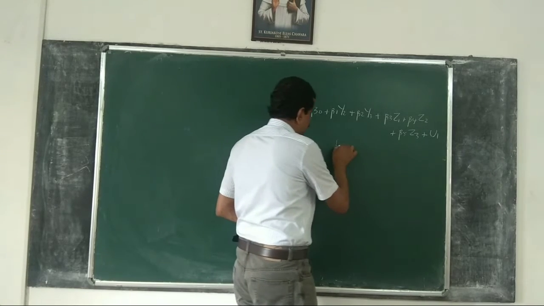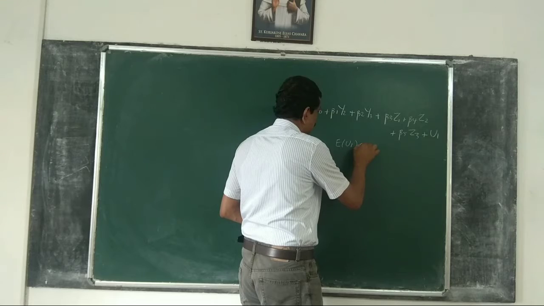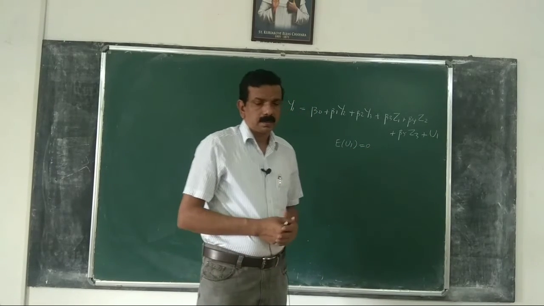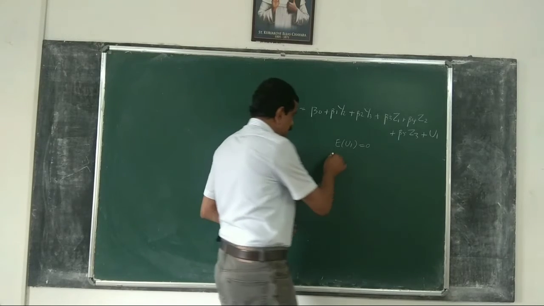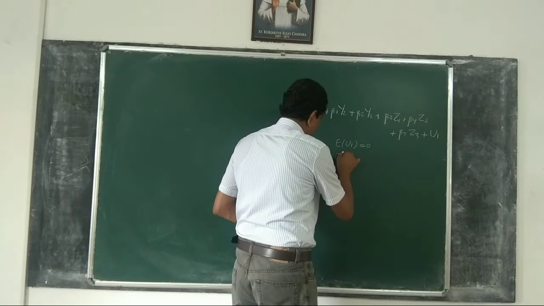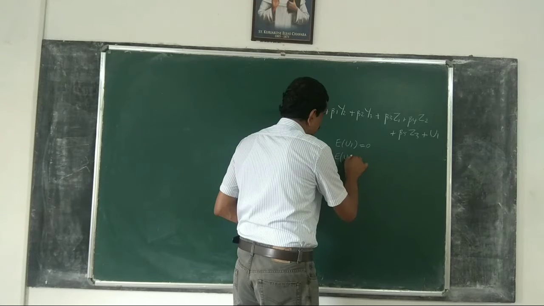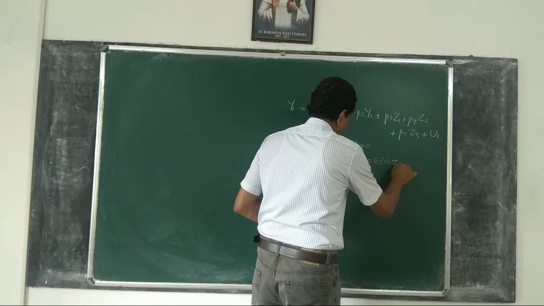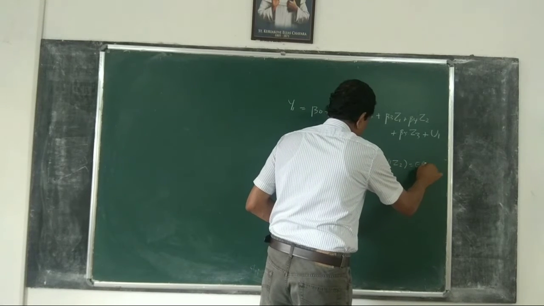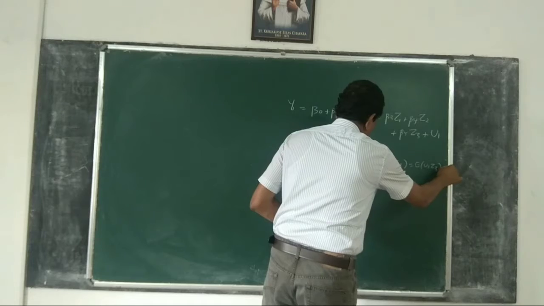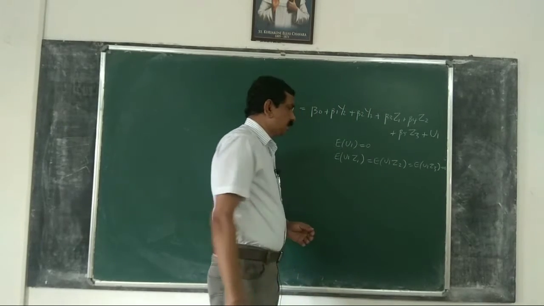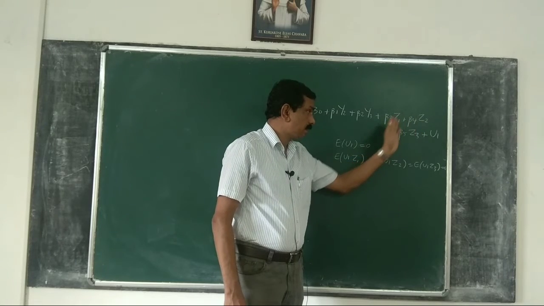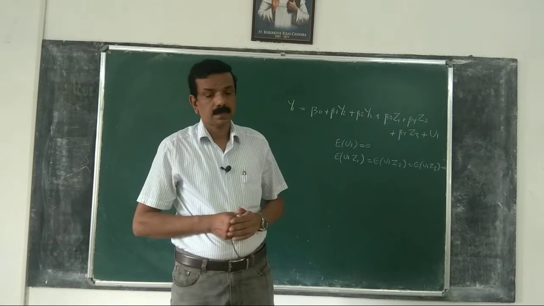We further assume that expected u1 is equal to 0 and also that expected value of u1 z1 equal to expected u1 z2 equal to expected u1 z3 is equal to 0. That is, u1 is not correlated with z1, z2 and z3.